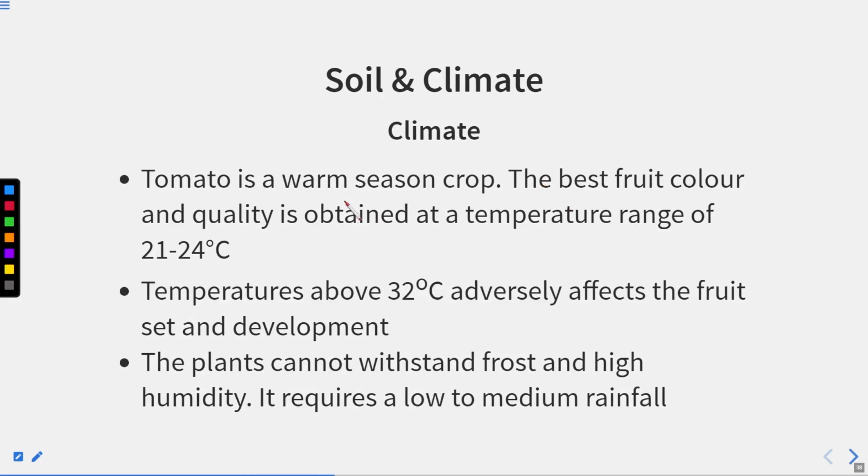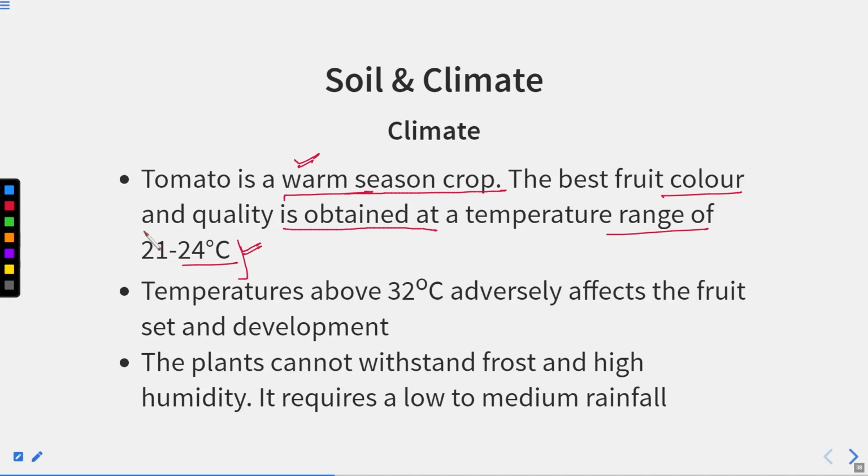Climate. The tomato is a warm season crop. The best fruit color and quality is obtained at a temperature range of 21 to 24 degrees centigrade.